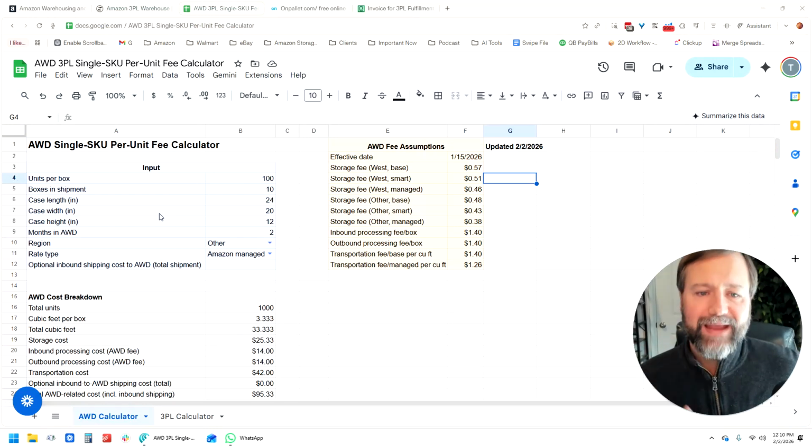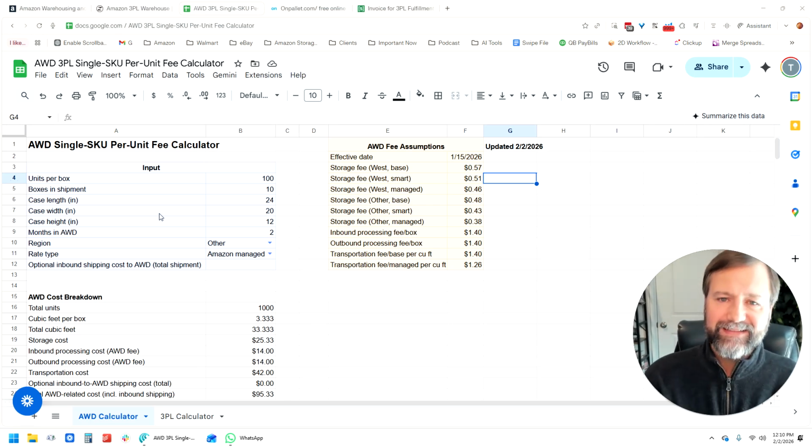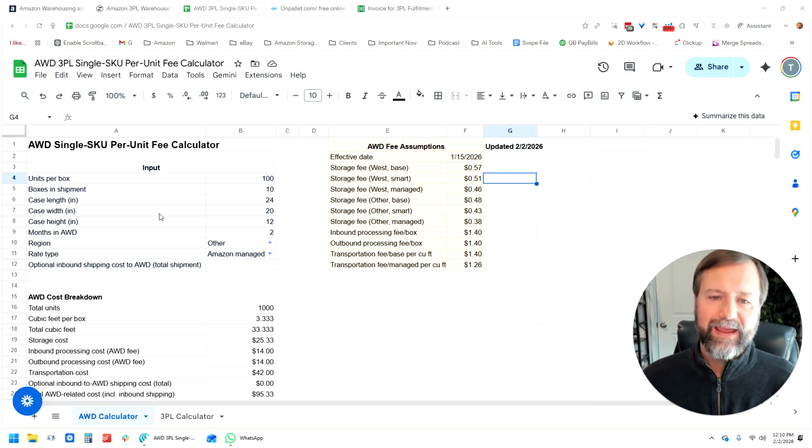So I created this calculator that's going to give us an idea on what it would cost to send your products into AWD and store it for a couple months, 2-3 months, and drip feed that into Amazon FBA, which is the final destination that we're trying to get it to before we sell it to the customers.